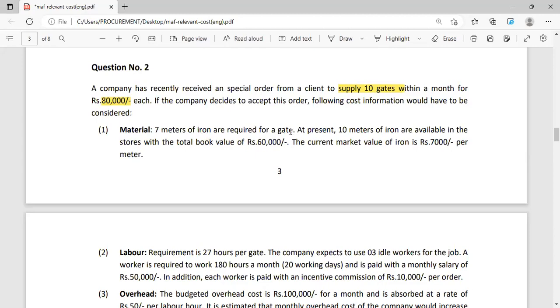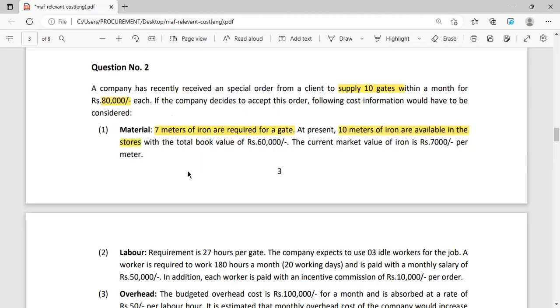If they want to produce that particular gate, they will need 7 meters for that particular gate. While at present, 10 meters of iron are available in the store. They needed 7-meter iron, but they have 10 in the store.